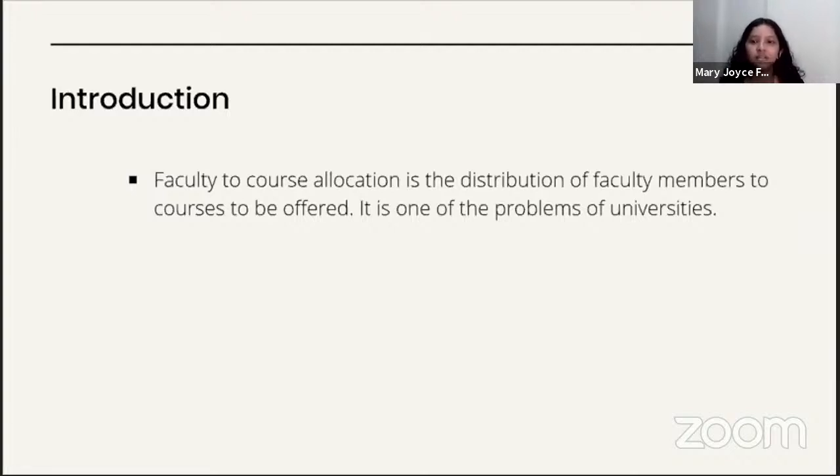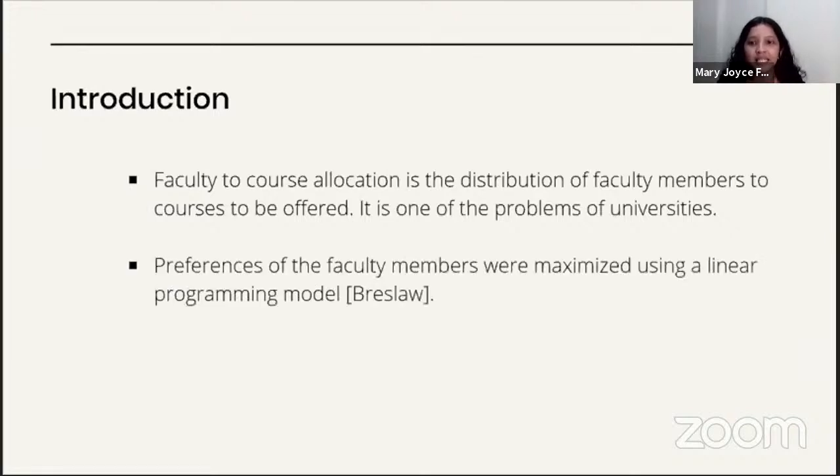This may also be one of the dilemmas of some universities, not only here in the Philippines, maybe also in other countries. Because of the large number of courses, different preferences of the faculty members, and some conflicting objectives, how do they handle the courses?